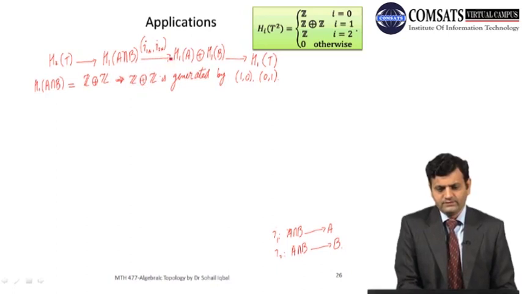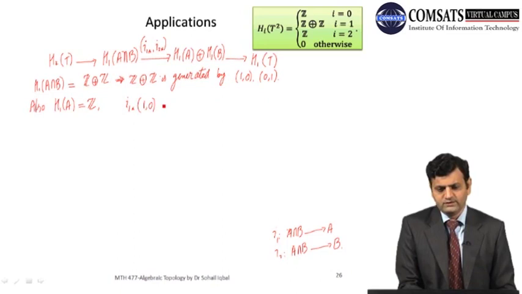Let's concentrate on the map i_1 lower star. It will take these two elements to the generator of H_1(A), because A behaves like a circle, so H_1 of A is equal to Z. We can say it takes the element to 1. So i_1 lower star takes any of the elements, (1,0) or (0,1), to 1.